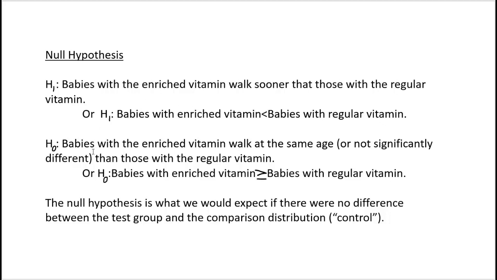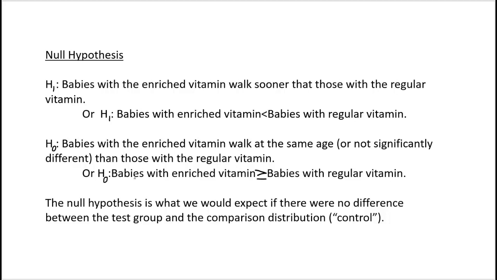The null hypothesis is that babies with the enriched vitamin will walk at the same age, or at least not significantly different, than those with the regular vitamin. Okay, so babies with the enriched vitamin will walk at the same age as those with the regular vitamin.